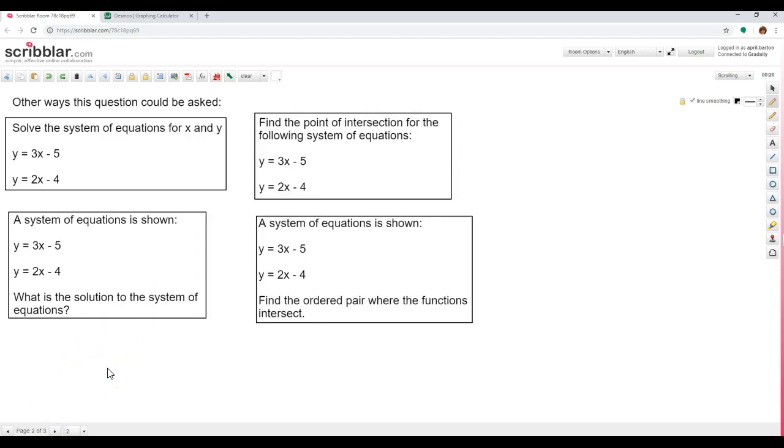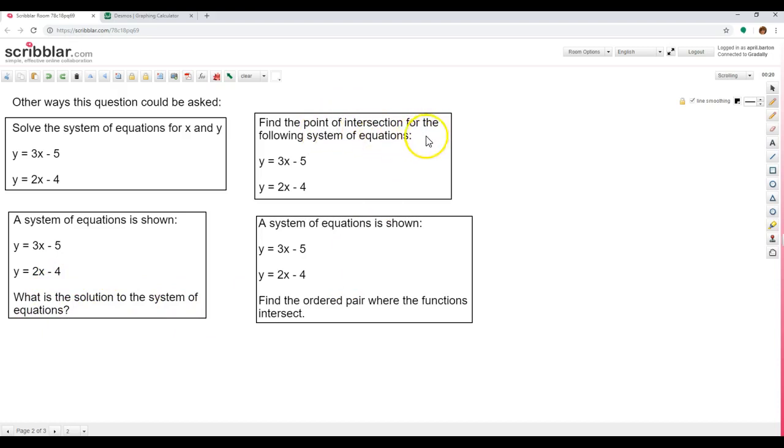Now there's different ways the same question could be asked. All of these that I have in boxes are actually the same question, just phrased a little bit differently. Instead of just saying solve the system, they could say solve the system of equations for x and y. They could say a system of equations is shown. What is the solution to the system of equations?